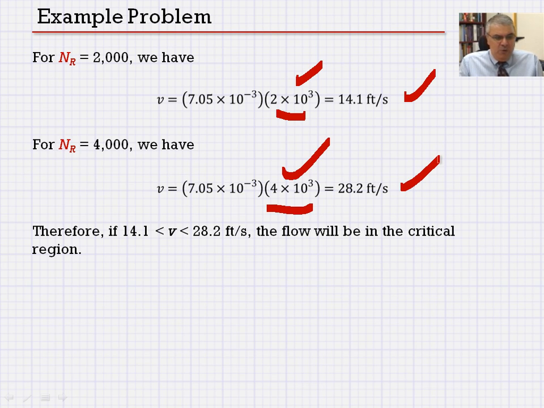So if our fluid flows with a velocity between 14.1 and 28.2 feet per second, then the flow will be in the critical region. If the velocity is less than 14.1, for practical reasons it is going to be laminar. If it is above 28.2 feet per second, then the flow would be turbulent.